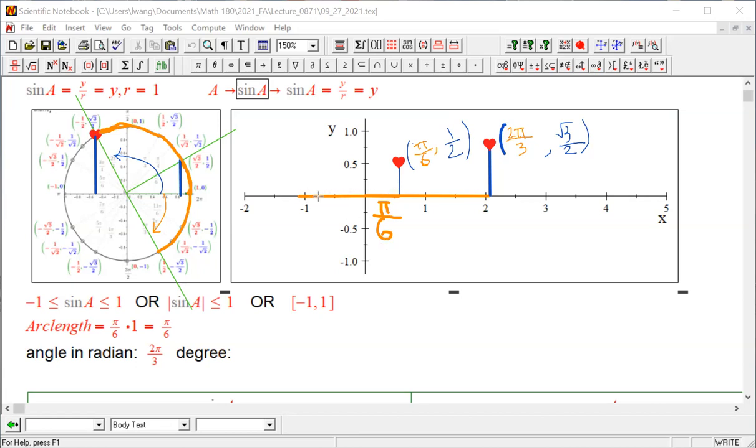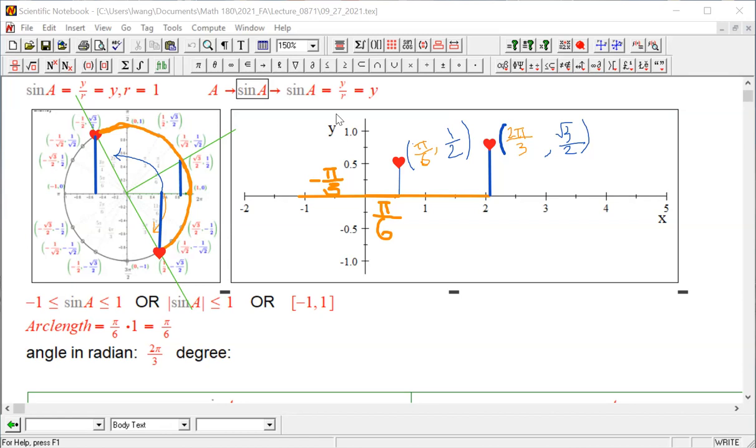So this piece is negative pi over 3. Do you guys follow me? And what's that blue number ratio? That blue bar right here, the point of intersection with the unit circle, is right here.